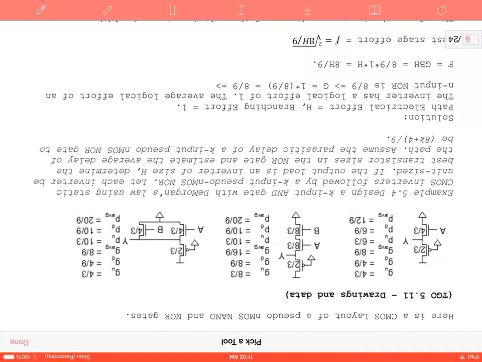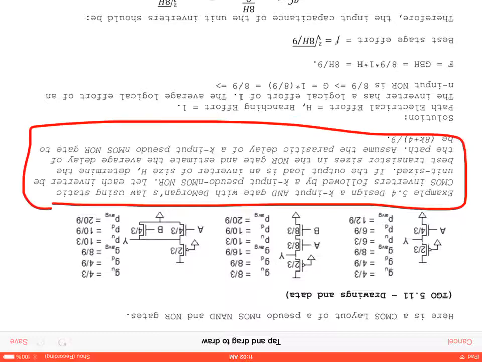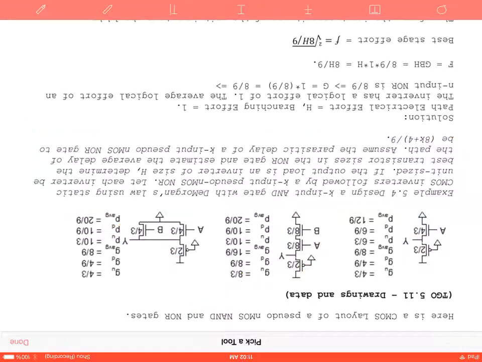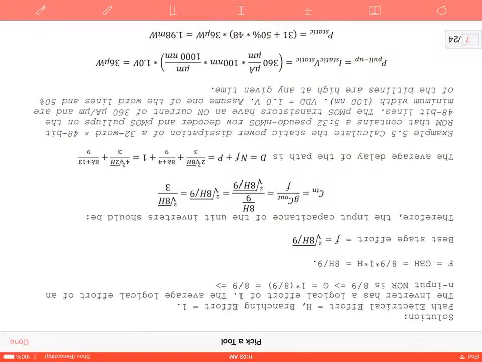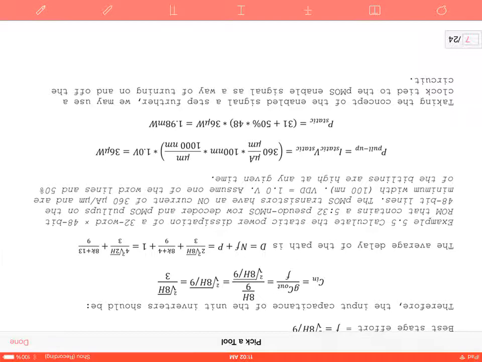These are known values, so by doing this part, we were able to do this problem by using the values here for our inverter, our NAND gates, and our NOR gates, where we were able to calculate the logical effort and input capacitance. Here we were able to find the power dissipation of a static 32-word, 48-bit ROM.